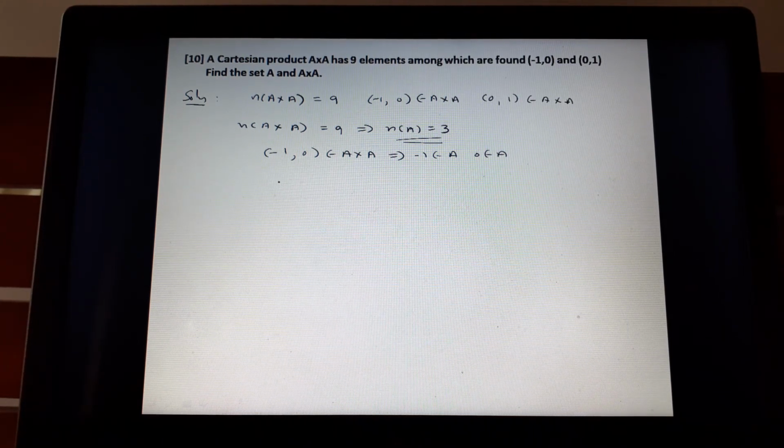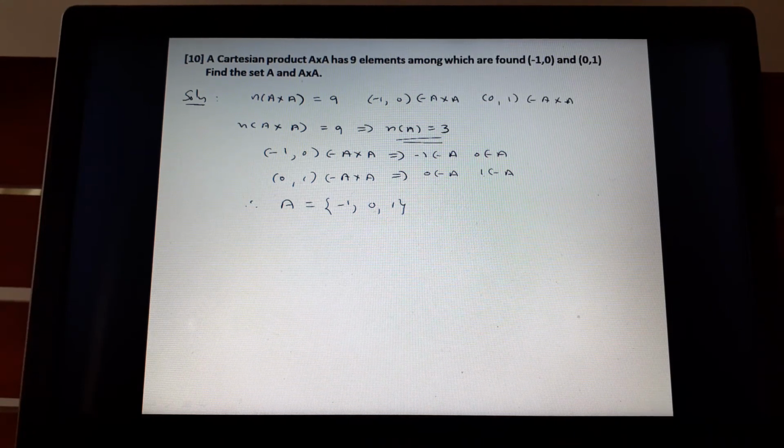Now (0,1) also belongs to A cross A. This implies 0 belongs to A and 1 also belongs to A. Therefore, A must be equal to {-1, 0, 1}. Now we can check whether it is correct or not. n(A) must be 3. We have 3 elements, so we have determined all the 3 elements of this set.